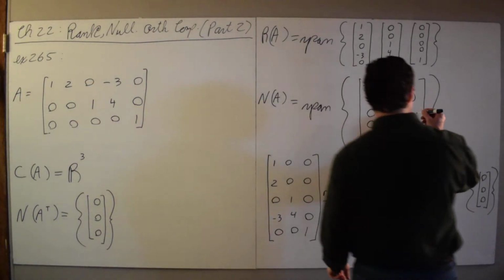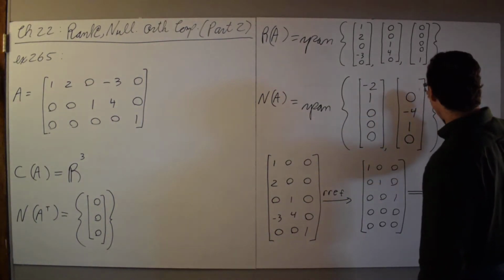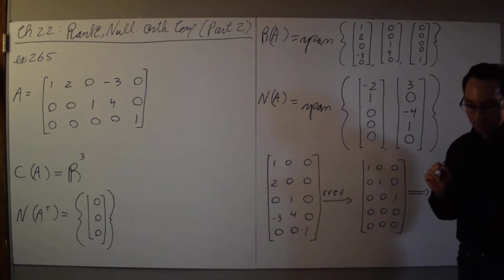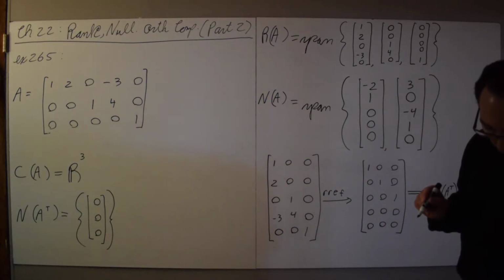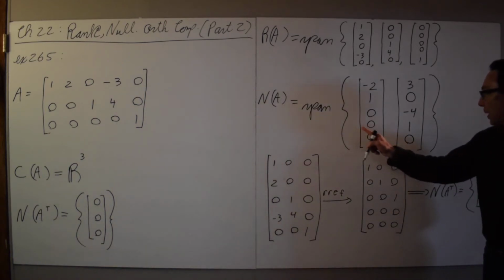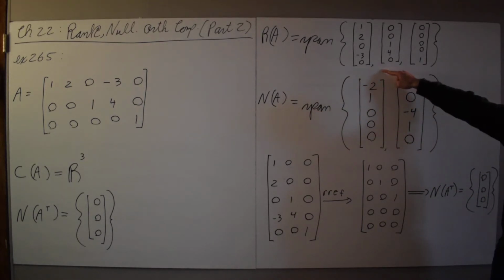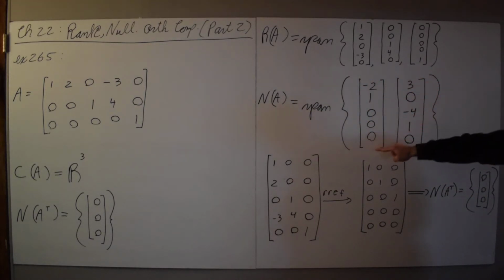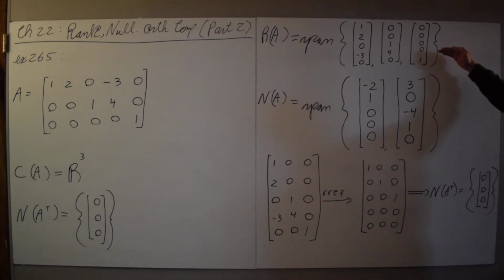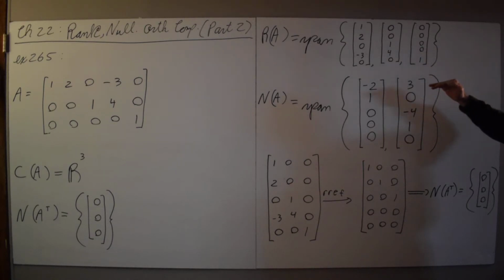So for our vector, we will write a -4 and a +3. And so our null space is the span of these 2 vectors. And we have 3 vectors spanning the row space, 2 vectors spanning the null space. 3 plus 2 is 5. And we will always have rank plus nullity as the number of columns.